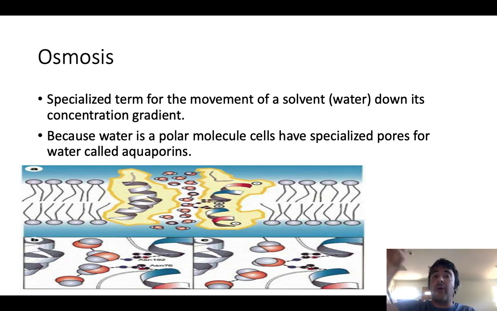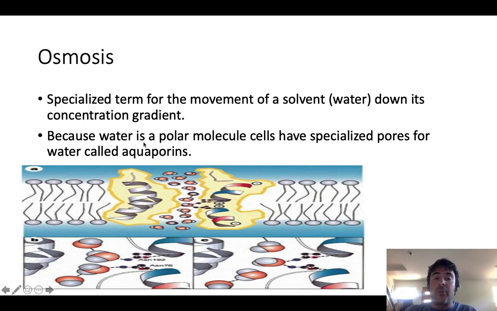Now, when we talk about the concentration gradient for water, we don't use the term concentration gradient because water has special properties. The concentration gradient for water is called an osmotic gradient. So the movement of water from areas of high to areas of low water is called osmosis, and the gradient that exists for water isn't called a concentration gradient, it's called an osmotic gradient.